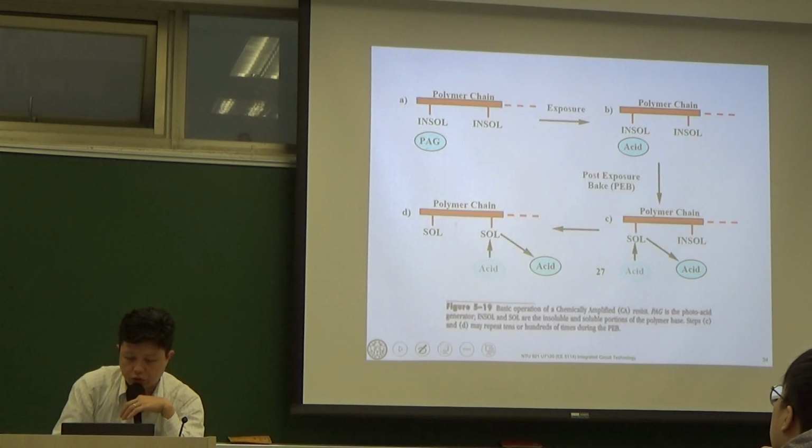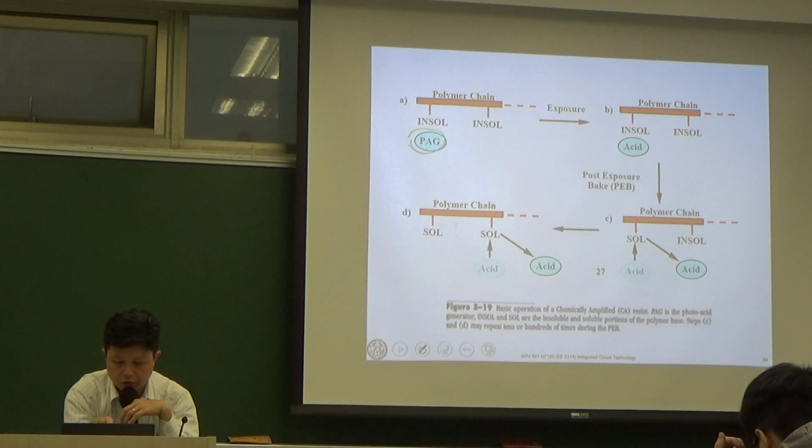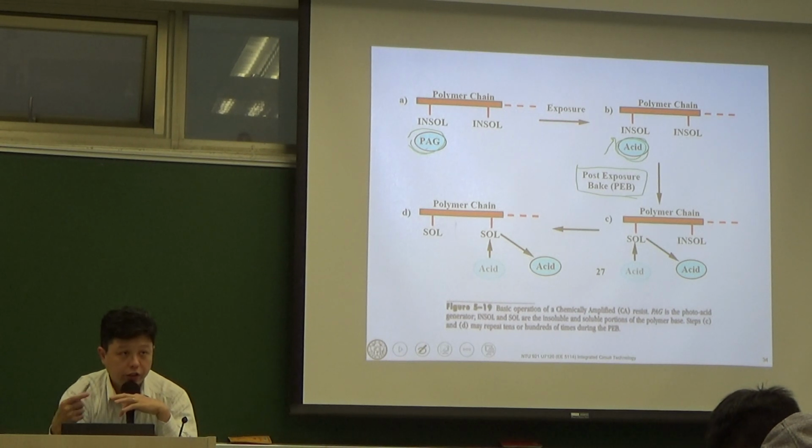Okay, so we can use this figure to explain this. You have the PAG molecule here, and that's insoluble in your developer. So once you expose, the photon will react with this PAG, so that will generate this acid. And during the post-exposure bake, you provide heat and energy to this acid, and that will trigger a chain reaction.